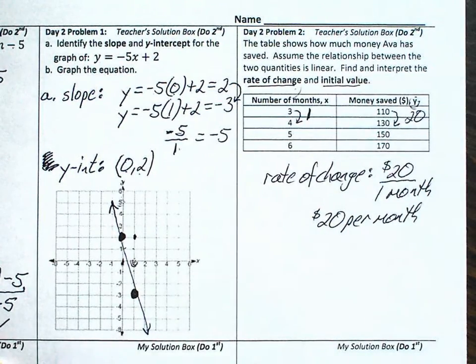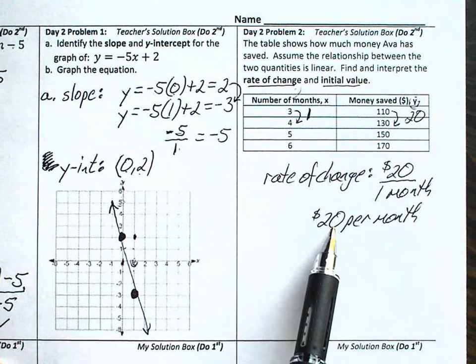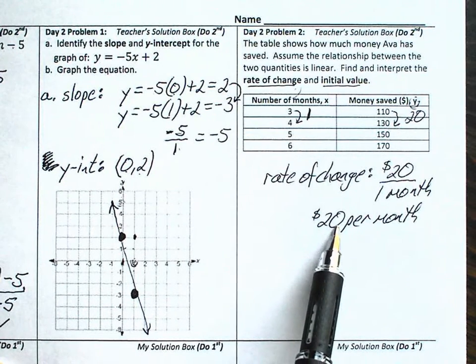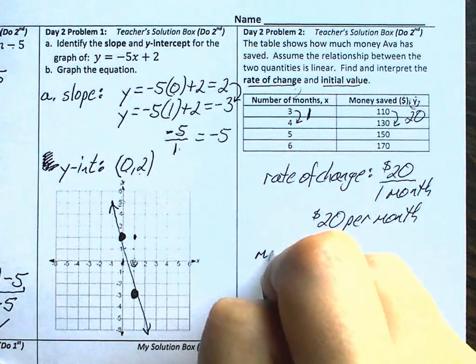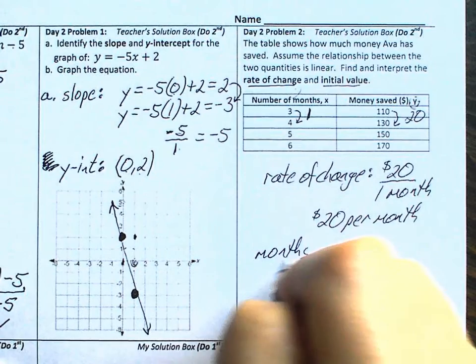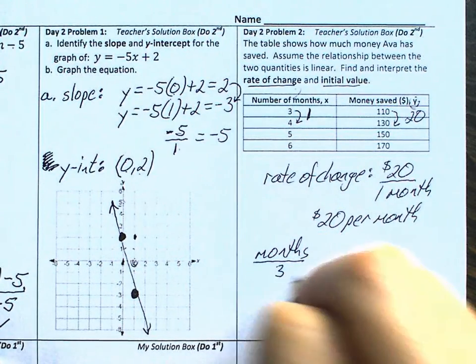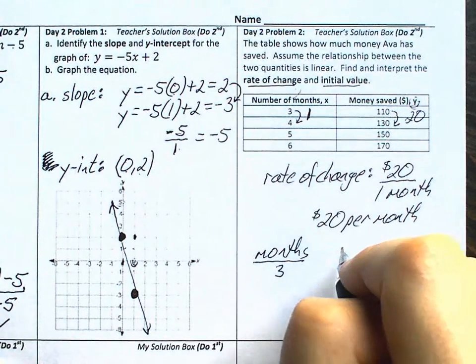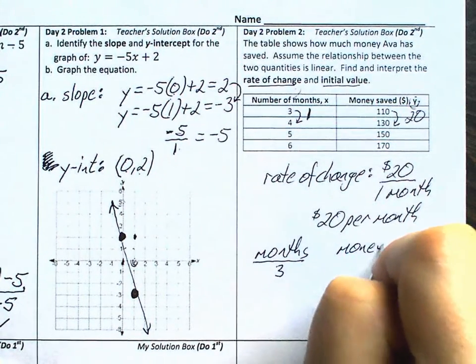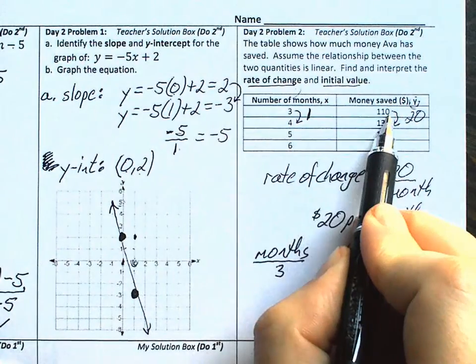Okay? And we can work backwards by using the fact that the rate of change was $20 per month. Okay? So when she's been saving for 3 months, the first row that we have information about, how much money had she saved? $110.